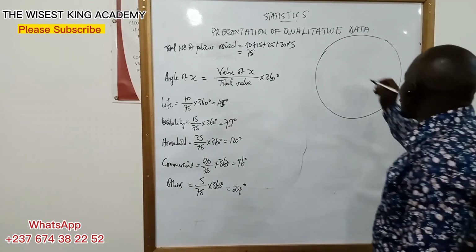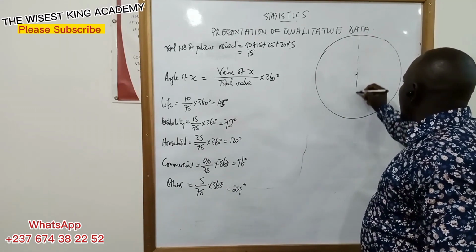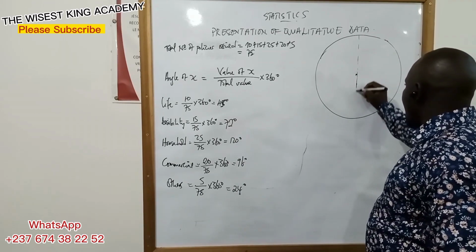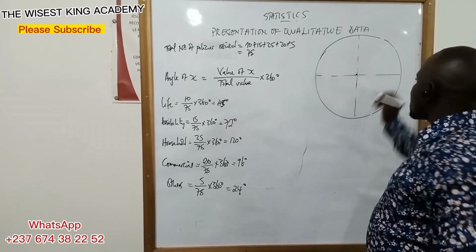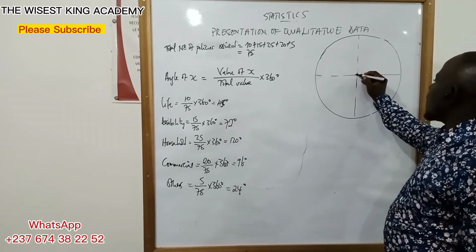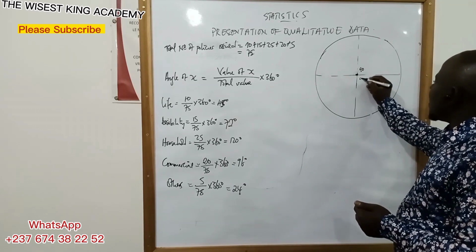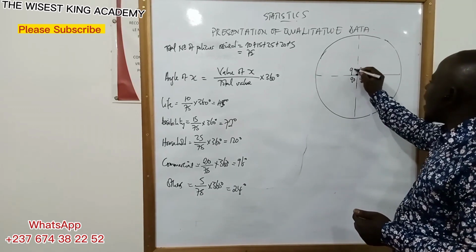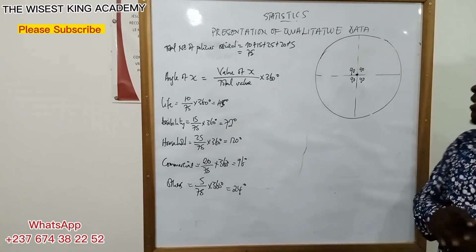Now, the first thing you need to do is to locate the middle. Now, if I divide this by 4, like this, there's a middle. This is 90, 90, 90, and 90. If you take 360 divided by 4, it's going to give you 90.